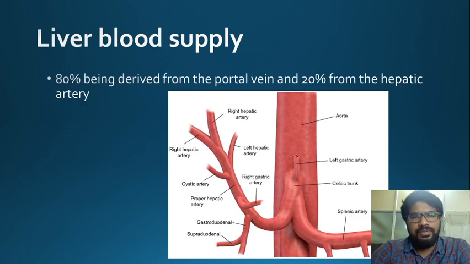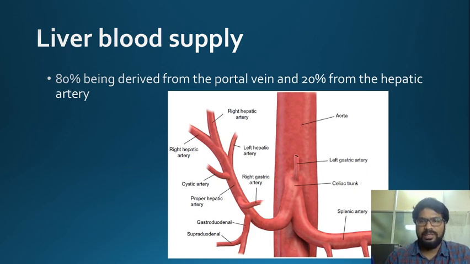Coming to the blood supply of the liver, your liver has a dual blood supply, a unique characteristic. 80% is derived from the portal vein and 20% is derived from the hepatic artery. You all know how the hepatic artery is formed.